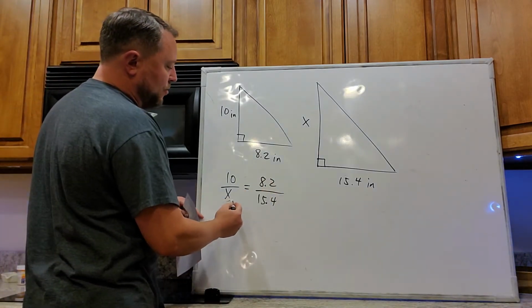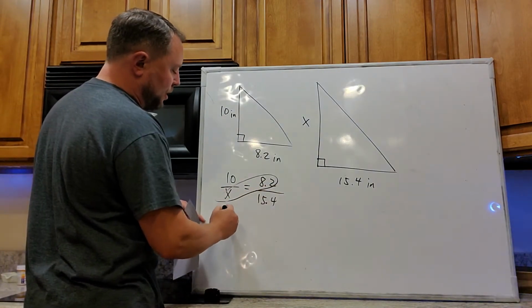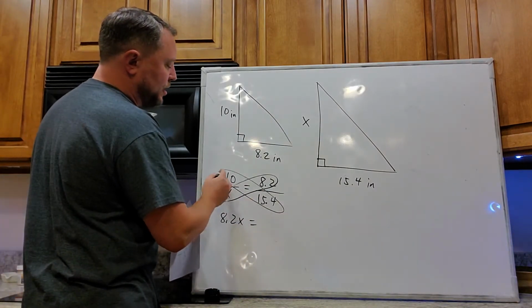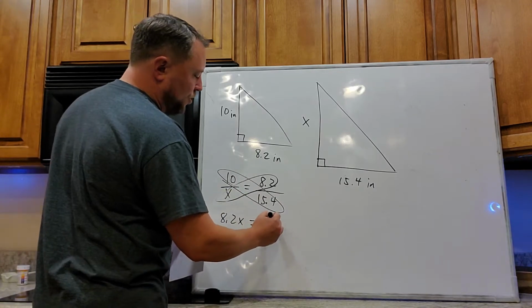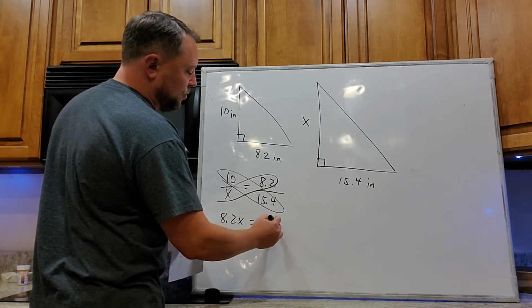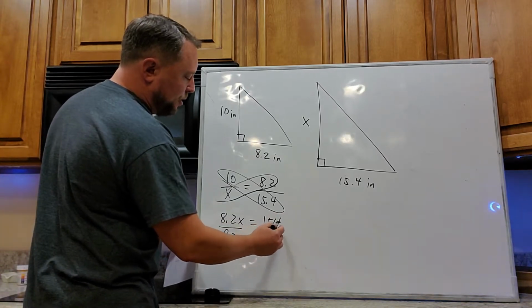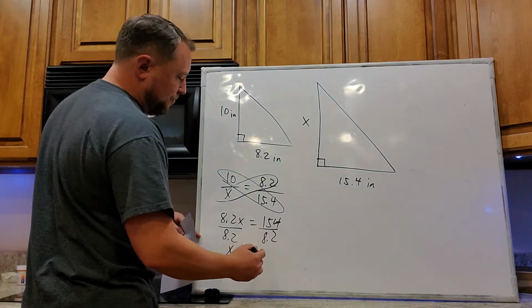And then of course, like we were doing earlier, we're going to cross multiply. So you'd have 8.2 times x equals 10 times 15.4, which is 154. Divide by the 8.2 and you've got your x.